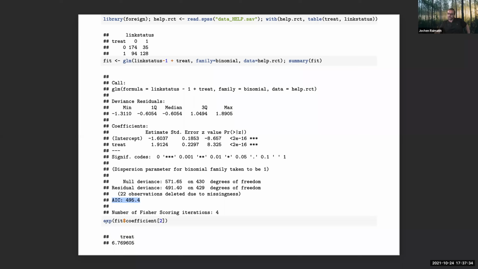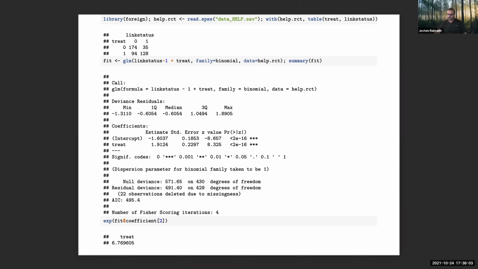So if you want to quantify the odds ratio now, we have the fit coefficients.